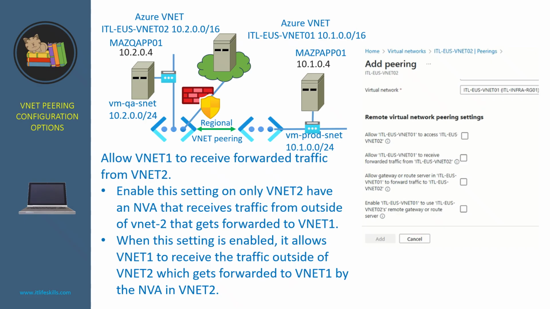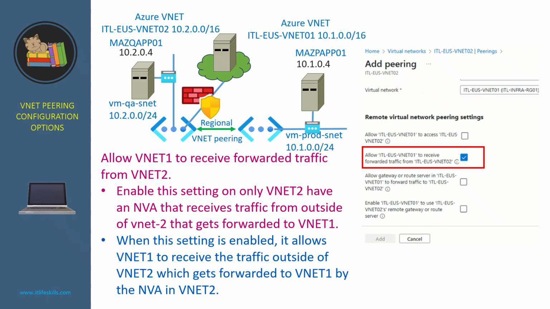The second option is to allow VNet1 to receive forwarded traffic from VNet2. Enable this setting only when VNet2 has an NVA that receives traffic from outside VNet2 that gets forwarded to VNet1.